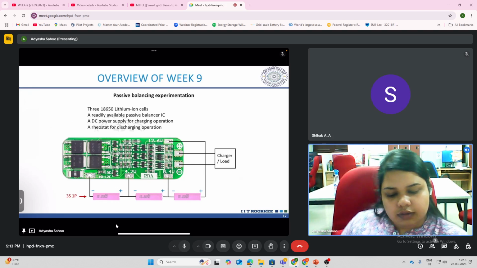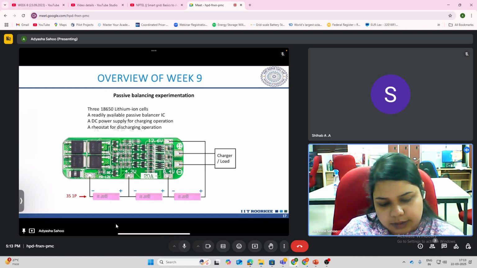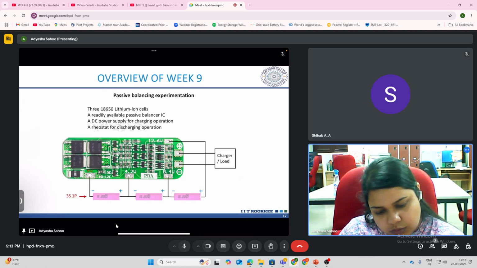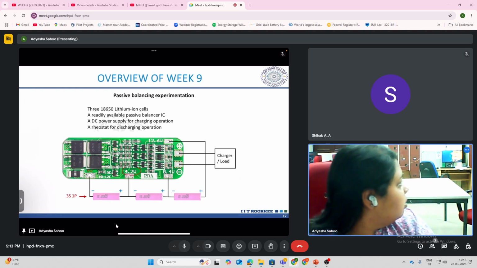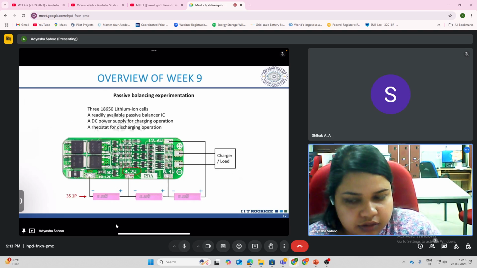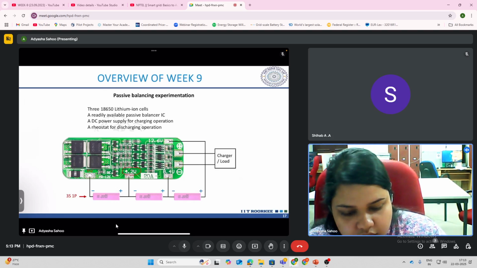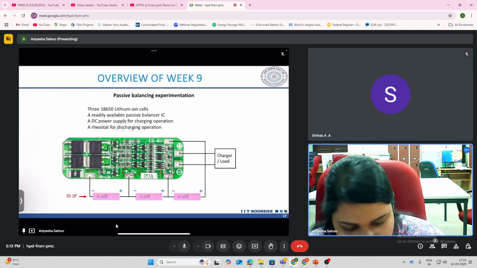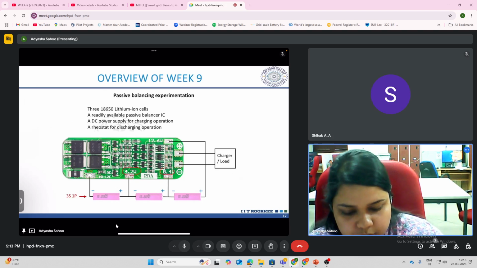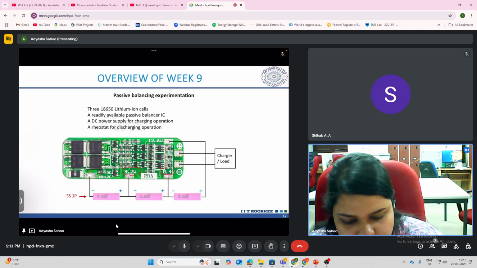So here we have three cells, right? You see, and they are connected in series. So first is from 0 volt to 4.2 volt, the other is from 4.2 volt to 8.4 volt, and then we have 8.4 volt to 12.6 volt.